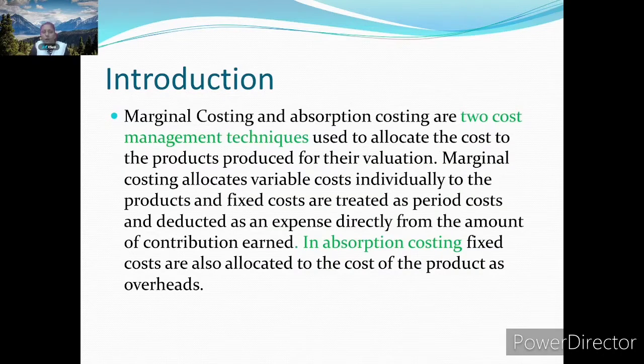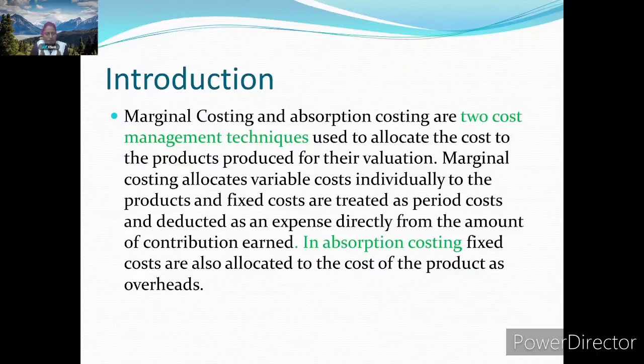Marginal costing allocates variable costs individually to the products, and the fixed costs are treated as period costs and deducted as an expense directly from the amount of contribution earned. Here, the three important things we have to understand are fixed cost, variable cost and contribution. How are they used?